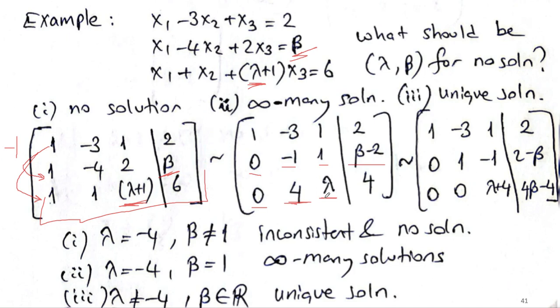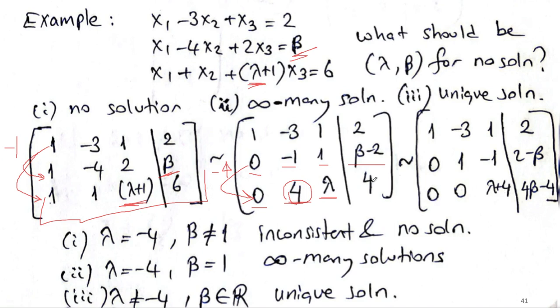Once we sort out this form and do the row operation as usual, now it simplifies like this. Another step is we can multiply the second row by minus 4 and then add to the third row, because we also want to get this term equal to 0. So this becomes 0, and then we have lambda plus 4.